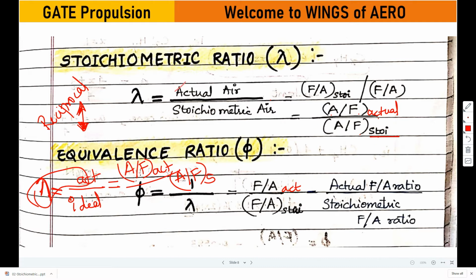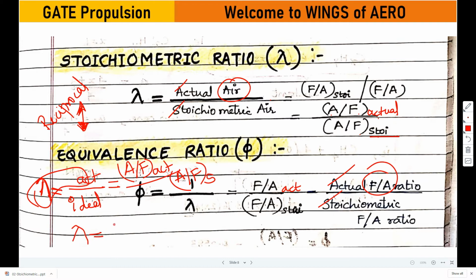Here we have actual by ideal, here also we have actual by ideal, but here we have only air, and here we have the fuel to air ratios, right? I hope you can remember this until the exam, and not only until the exam, for your whole life you can never forget the ratio for stoichiometric, because you know stoichiometric is represented by lambda.